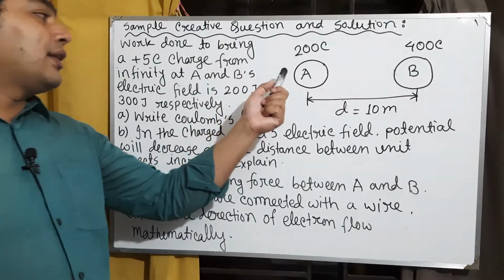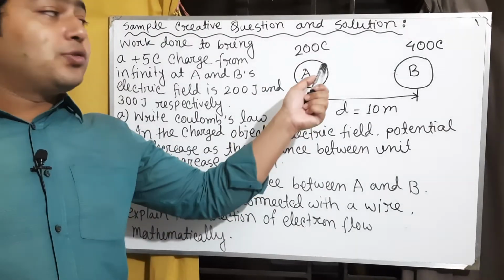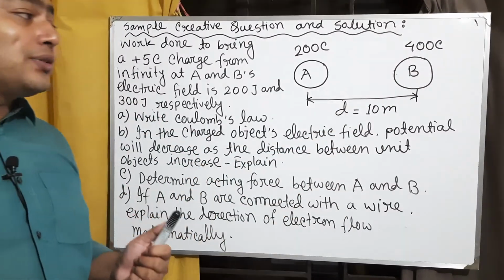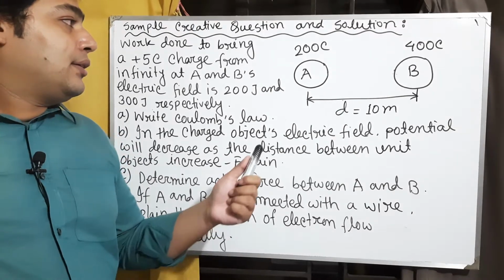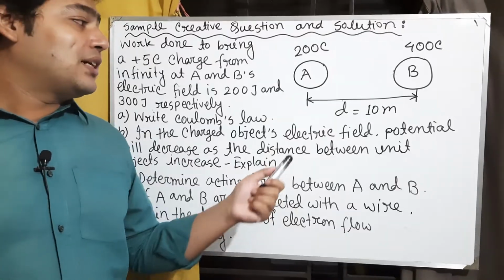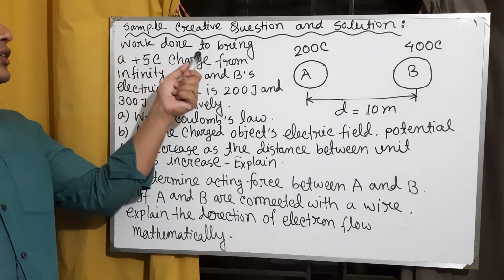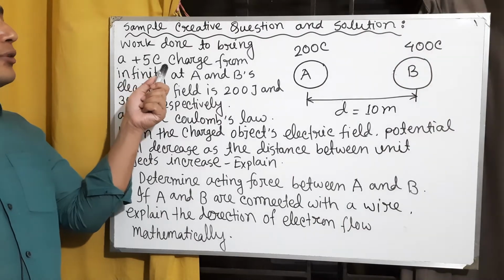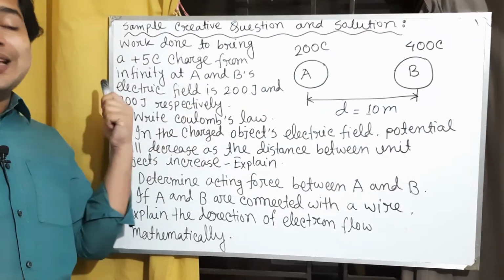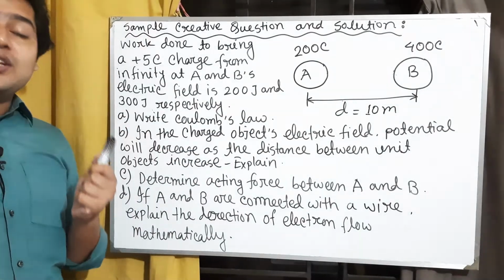Here you see two charges A and B. The value of charge A is 200 coulomb and the value of charge B is 400 coulomb, and these two charges are separated by a distance of 10 meters. We are given that the work done to bring a +5 coulomb charge from infinity to A's and B's electric field is 200 joule and 300 joule respectively.